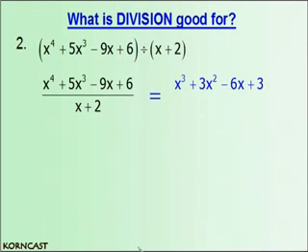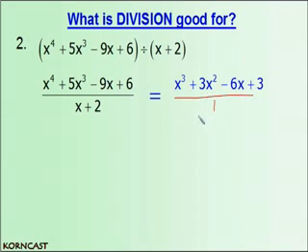Alright. Now, why divide? What's its purpose? It's not just mere torture to help us through life here. It actually has a purpose. So if you recall, this divided by this from the previous example is this. And from our synthetic division or long division process, depending on which one you want to use, gives us this. Well, let's go ahead and make a proportion out of this. Fraction equal to a fraction.